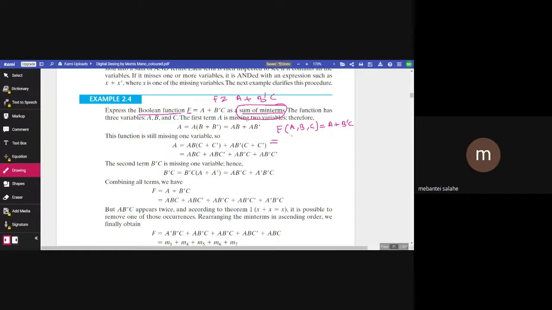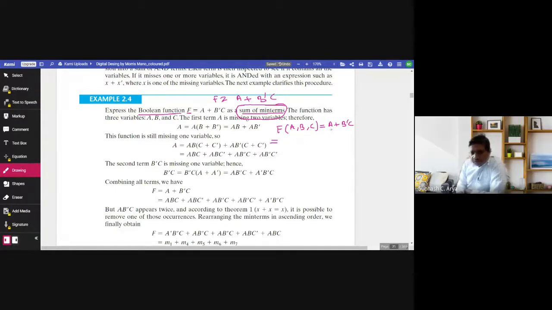Okay, thank you. Now, first look at the first term, this a. This function consists of variables a, b, c, but the first literal is representing only a. It means the terms b and c are missing. B and c variables are missing in this function.